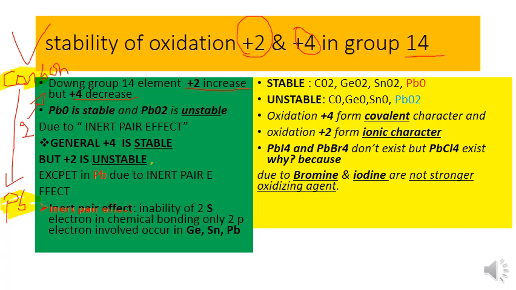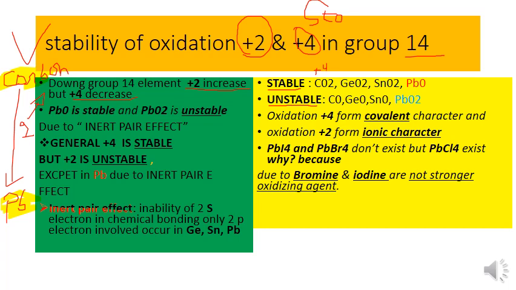Let us see some examples. Here there are a stable and an unstable compound. The +4 state is stable here.